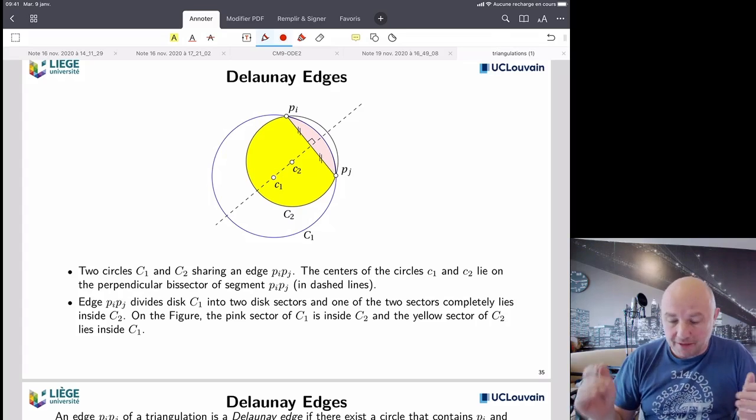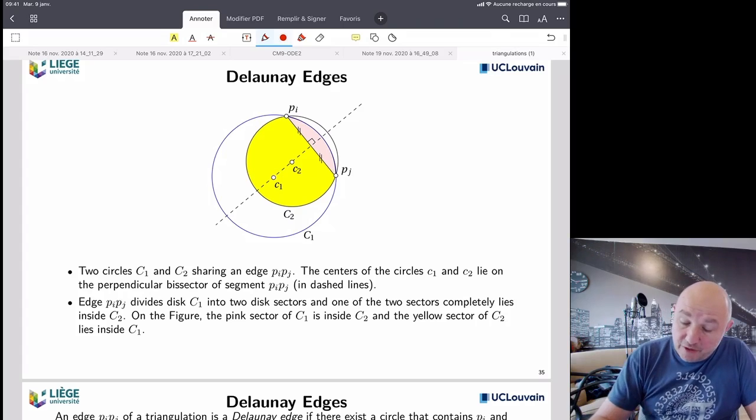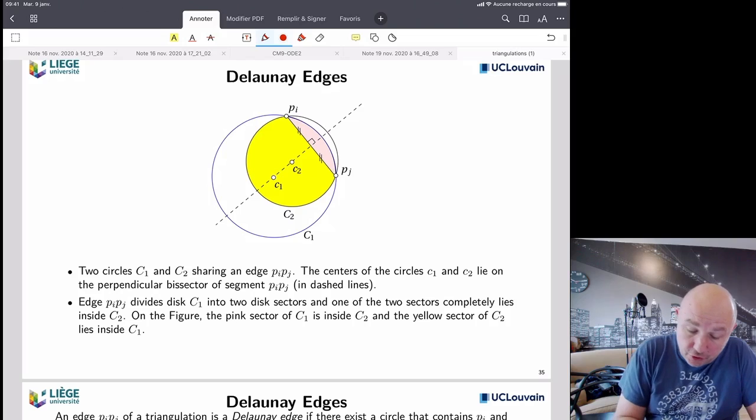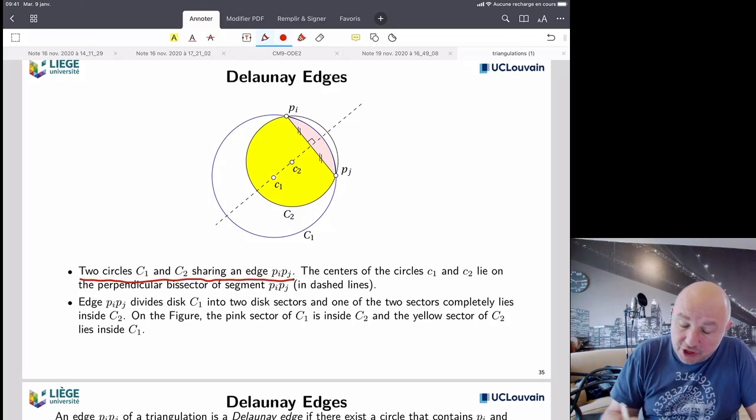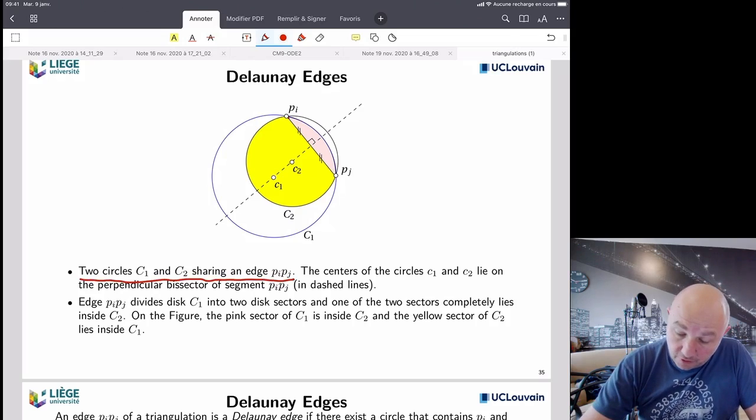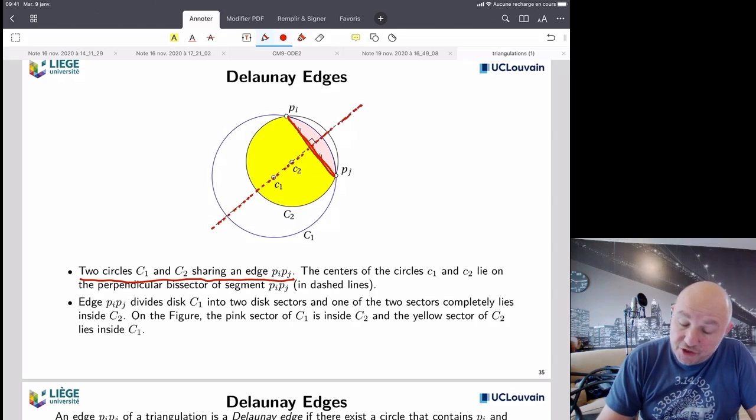It's classical geometry. So first thing, imagine we have two circles, C1 and C2, that share an edge. So this is the edge. These two circles share an edge. And so the centers of those circles are always going to be on that straight line, which is the orthogonal bisector of the segment going from Pi to Pj.